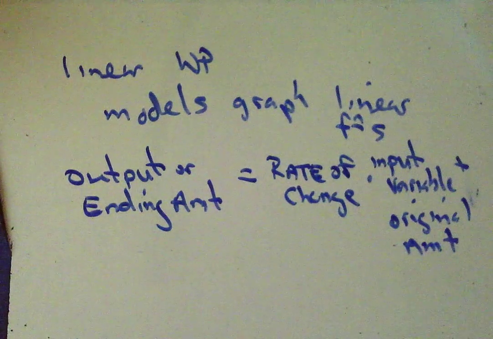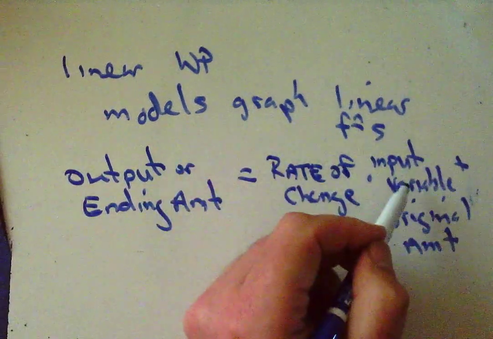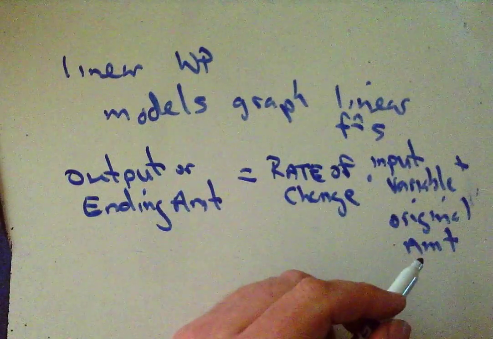Now that's a lot of words, I understand. Ending amount equals rate of change times the variable plus the original amount.